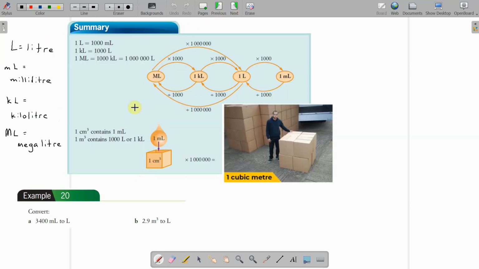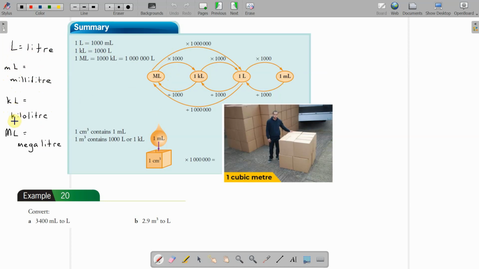This chart appears in your textbook, but we'll walk you through it, just to get an idea of how to spell each of these words. A lowercase m with uppercase L is millilitre, and 1,000 of those go into a litre.